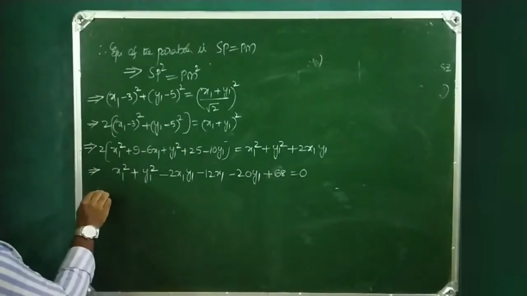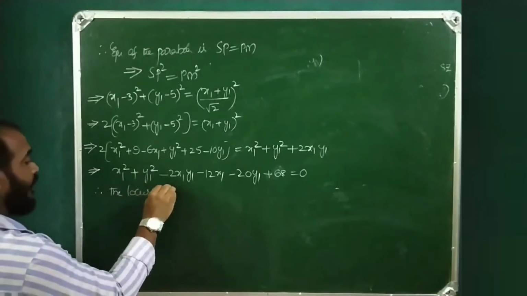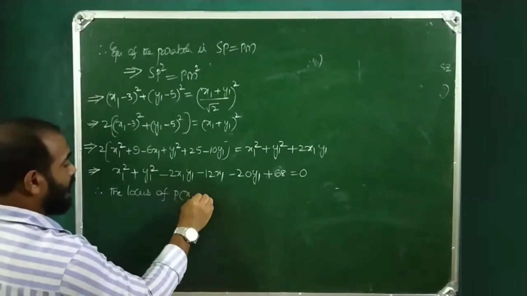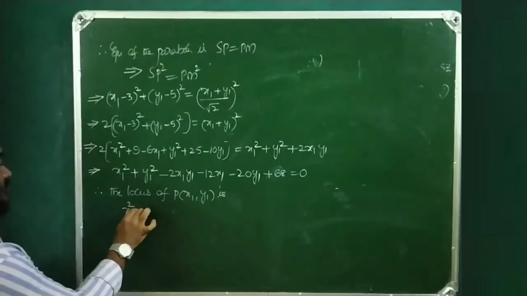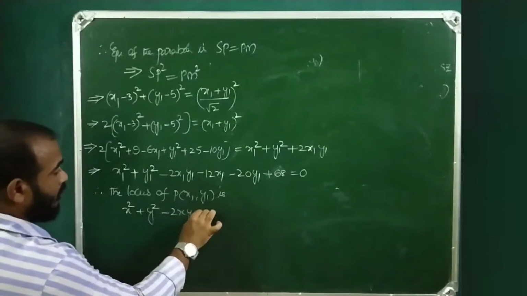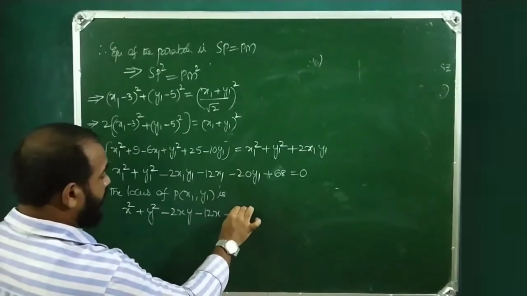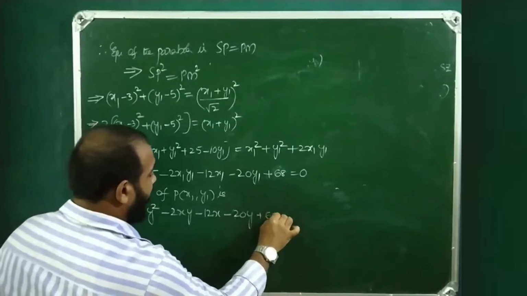Therefore, the locus of P(x1, y1) is x square plus y square minus 2xy minus 12x minus 20y plus 68 equals 0.